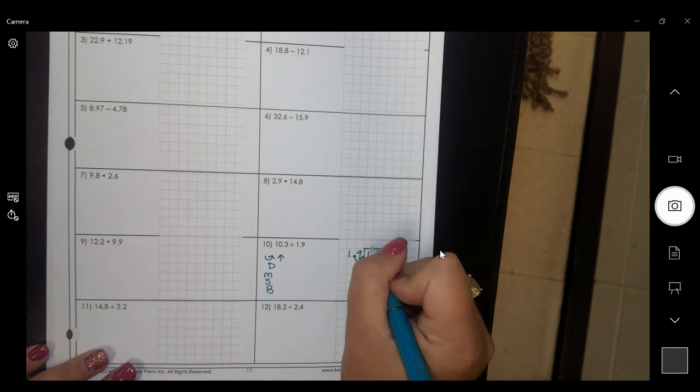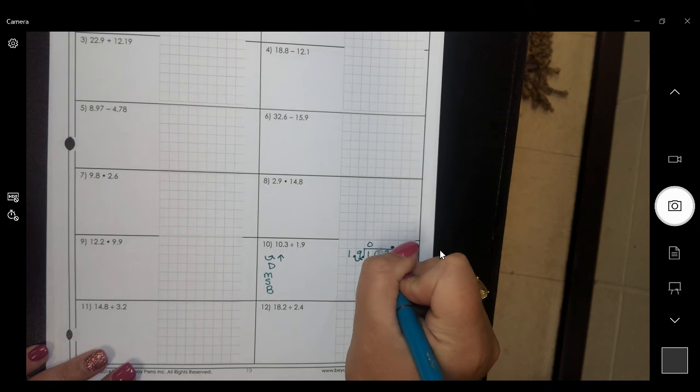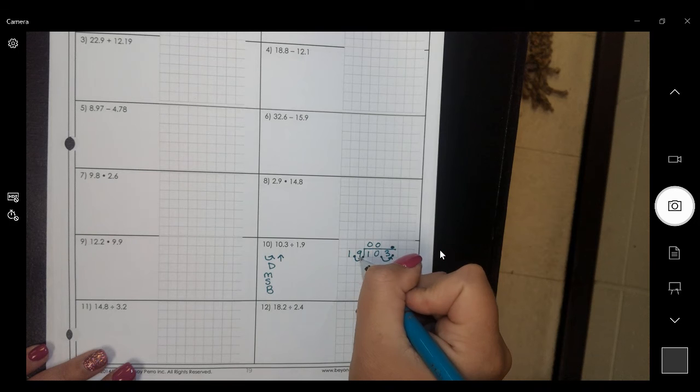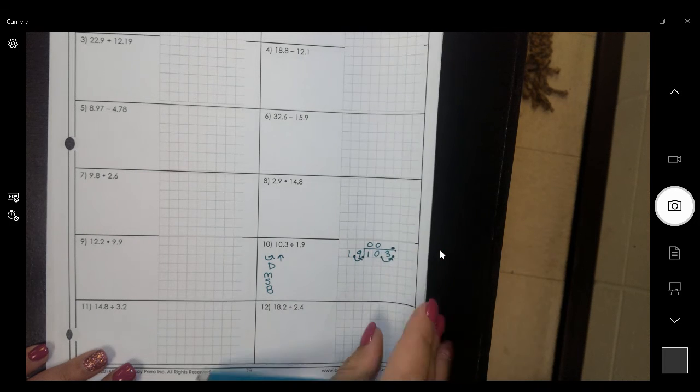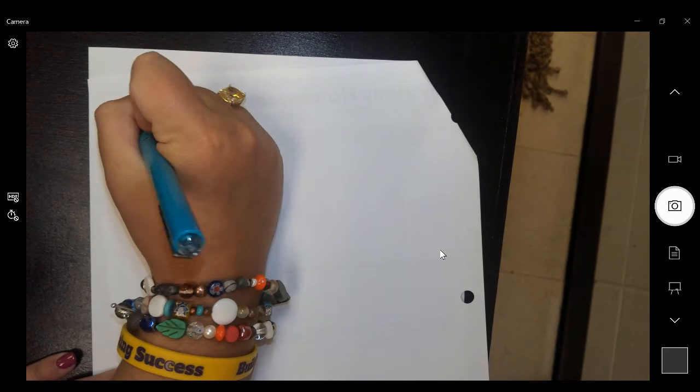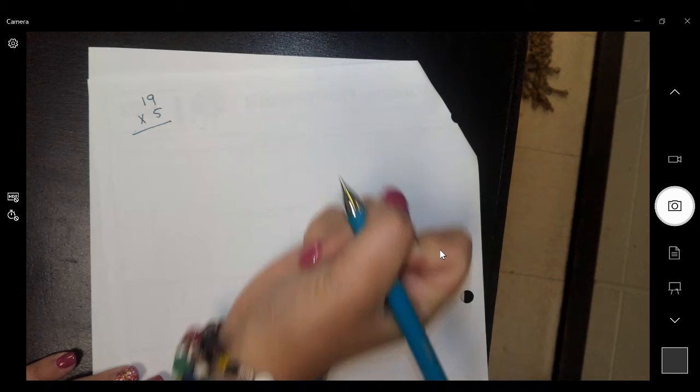Well, 19 can't go into 1 and it can't go into 10. So it's going to have to look at 103. Well, to me, 19 is really close to 20, and 20 times 5 gives me 100. So what I'm going to do is use this back scratch area right here and see what 19 times 5 gives me there.